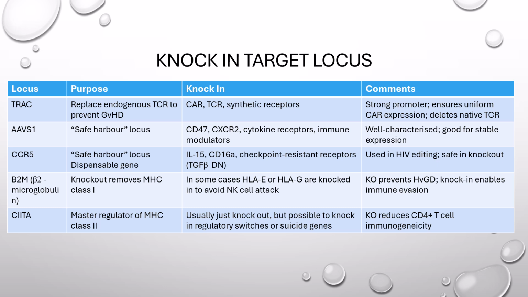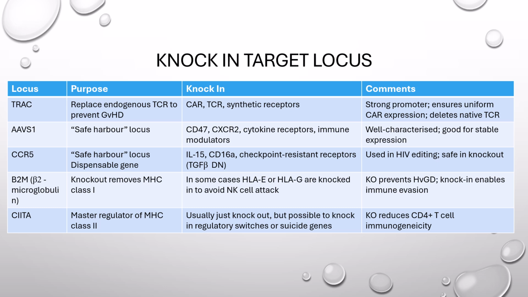In some cases, you can knock in HLA-E and HLA-G, and that's to avoid the natural killer attack that you could get. Again, this is for when you want your off-the-shelf drugs. You want to make sure that you don't get rejection.